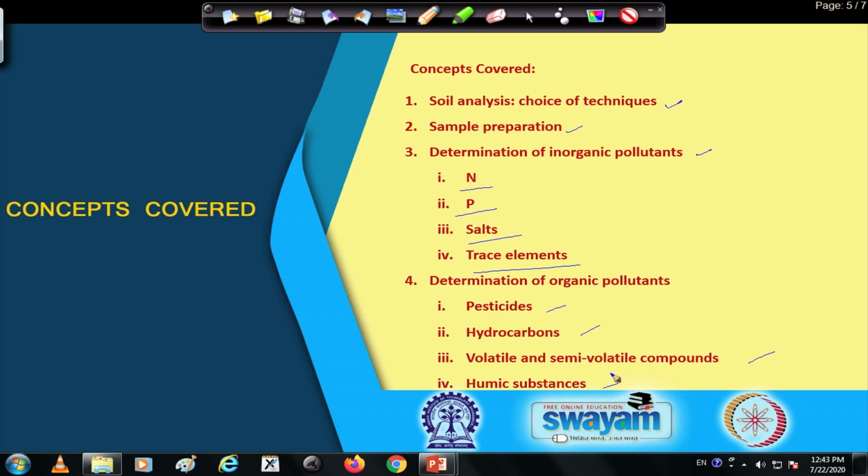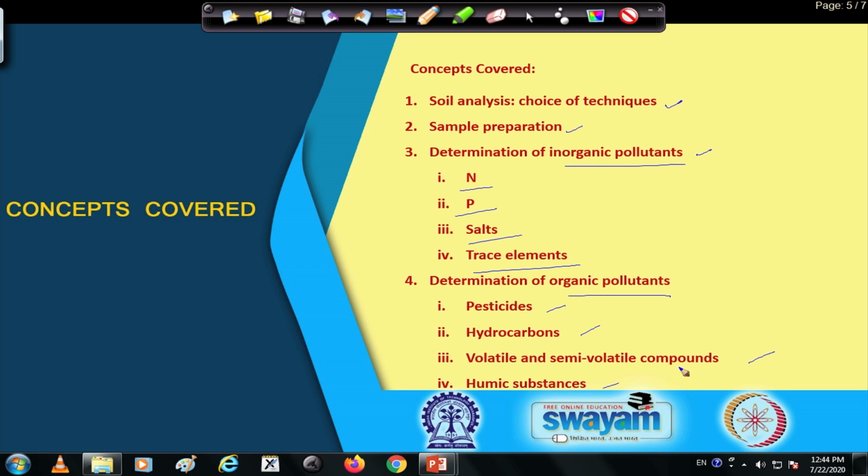Remember, soil is called contaminated when it has a higher concentration of either inorganic pollutants or organic pollutants or both of them, which causes significant health damage for human beings and also creates hazard to the environment. So, to determine whether a soil is really contaminated or not, you have to adopt certain methodology for error free or accurate measurement of different pollutants.